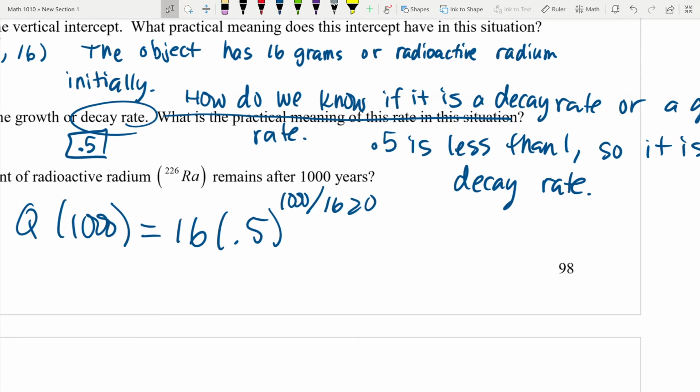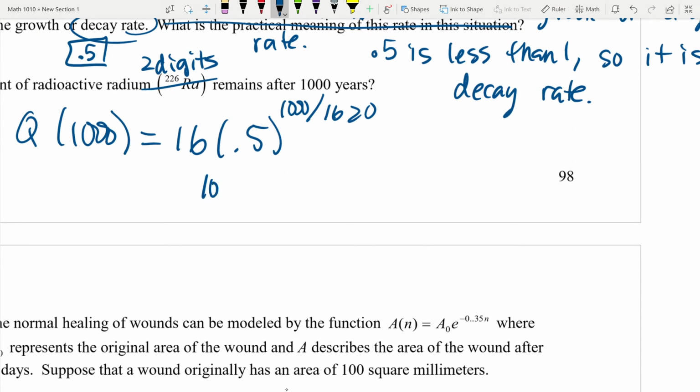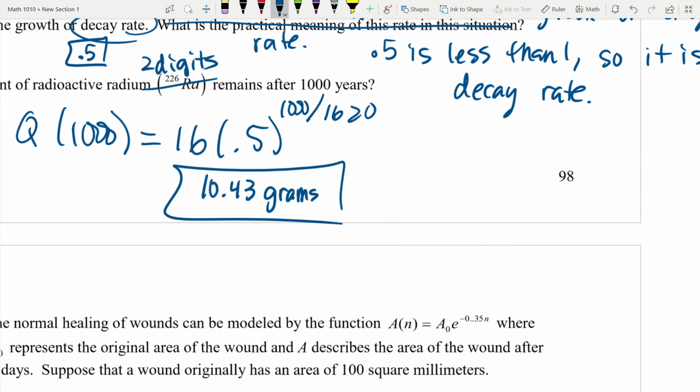Grab your calculator, guys. I want you to go 16, parenthesis, 0.5, close it, raise it to the parenthesis, 1,000 divided by 1620, close it off, hit enter, and we're going to say 2 digits. We're going to add it to the directions. So the answer is 10.43, and the label is grams. You have to have a label, and you're done.